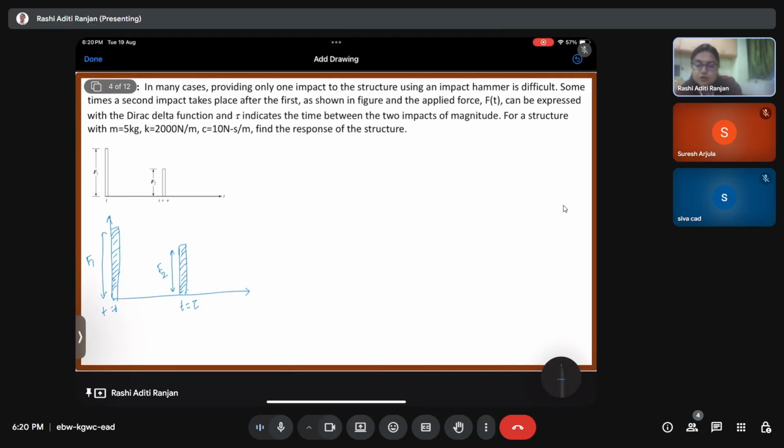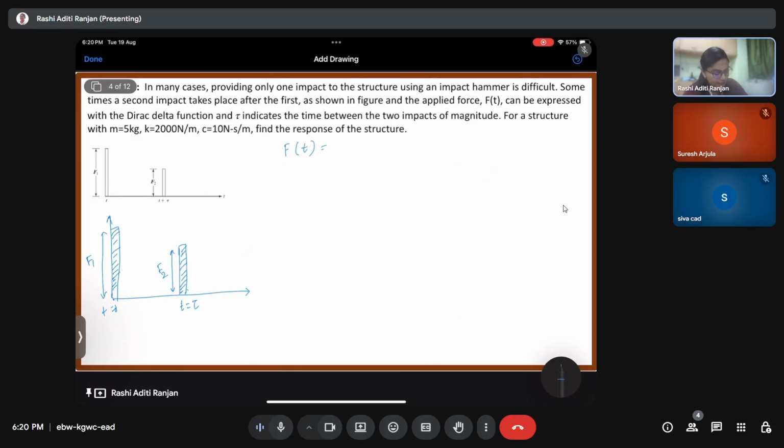Like in the previous question, we were having only one impact, which was applied at the initial state at time t equals 0, which was fine for us. But this time we have two impacts, and the time span between these two impacts is tau. Okay, so how do we find an analytical solution for this? So firstly, we are supposed to write this impulse function in terms of time.